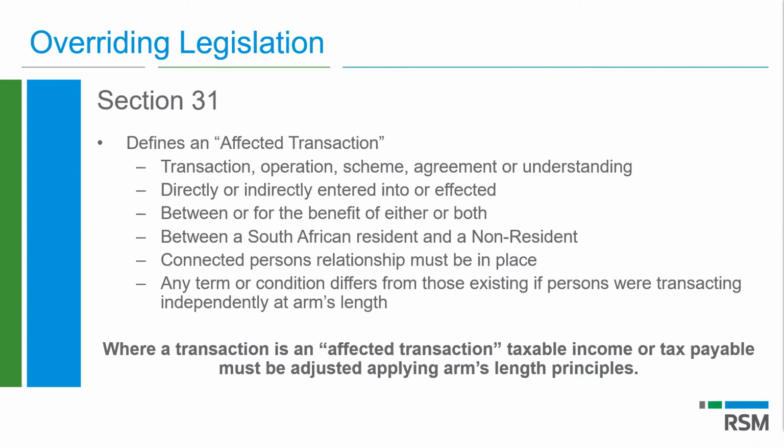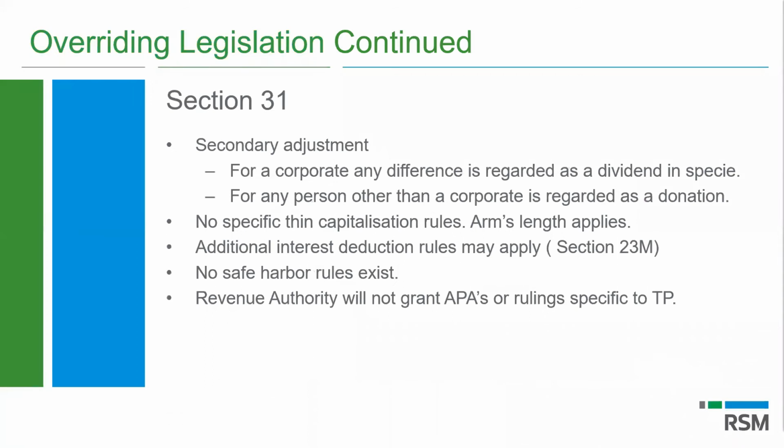And that is in terms of pricing, in terms of terms and conditions, etc. Then flowing from that, there is a potential secondary adjustment. So if there is an adjustment to the transfer pricing that is raised by SARS, there's then a follow-up secondary adjustment for any differential. And that difference from a corporate perspective is regarded as a dividend in specie. And for any person other than a corporate, it's regarded as a donation.